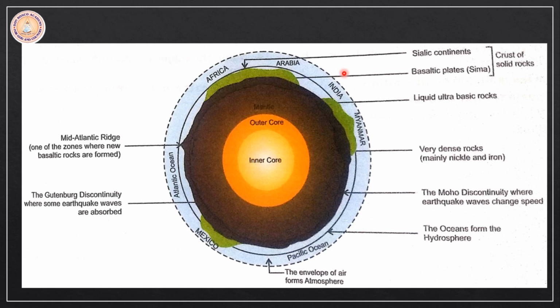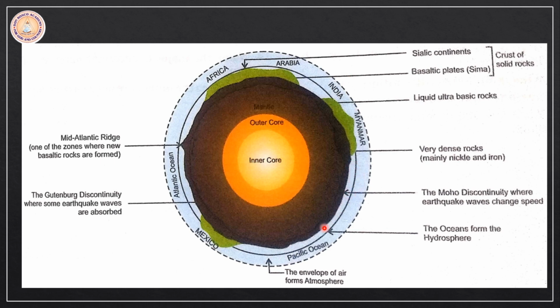The continents are composed of lighter rock materials made up of silicon and aluminium. So the sial is thick over the continents and very thin or absent on the ocean floor, especially the Pacific Ocean floor.